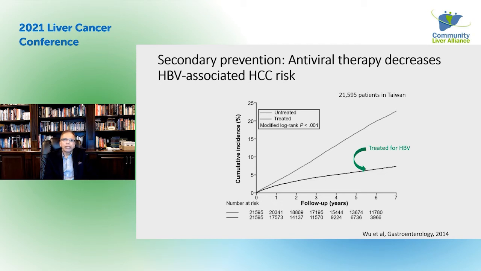The top line are the patients who were not treated for hepatitis B, the bottom line who underwent treatment for hepatitis B, and there is a significant difference in the cumulative incidence of HCC among patients who underwent treatment for hepatitis B. So suppression of virus or viral eradication in hepatitis B reduces the risk of HCC. Next slide.